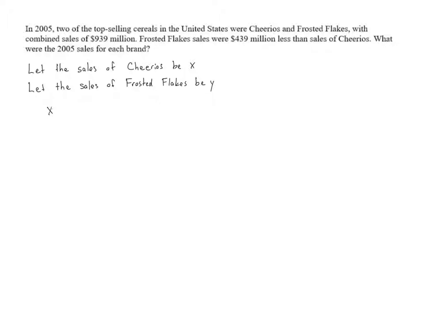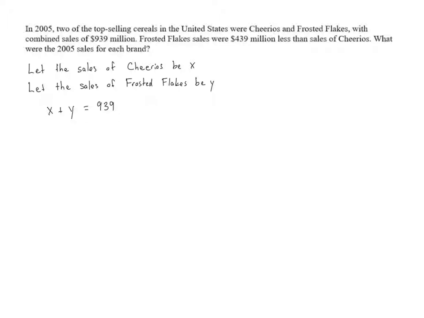So if we take x plus y, the sales of Cheerios plus the sales of Frosted Flakes, the combined sales is going to be $939 million. And instead of writing out a bunch of zeros, I'm going to do all of this in millions. So we're going to forget the millions in the beginning, and then in the end, whatever x and y are, we will make them in millions. So the combined sales was $939 million. So x plus y equals 939.